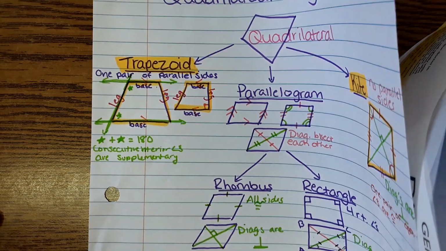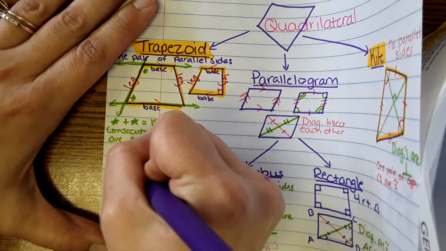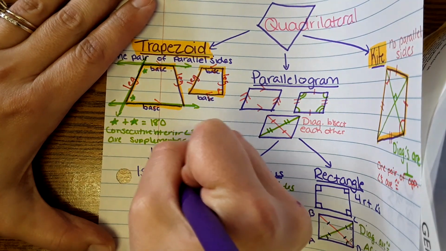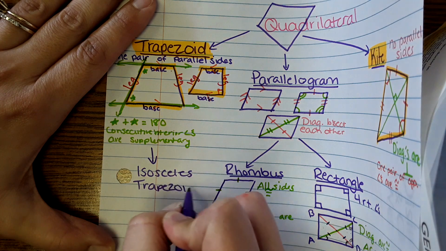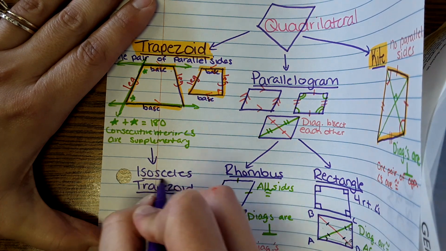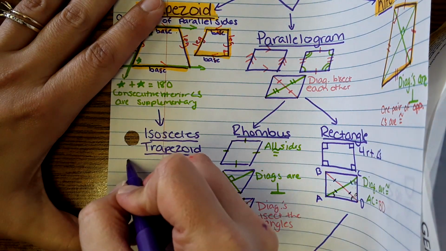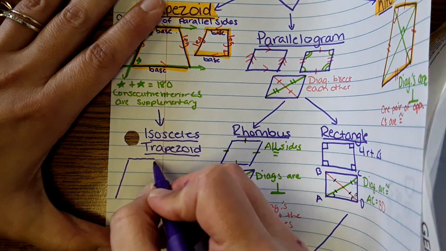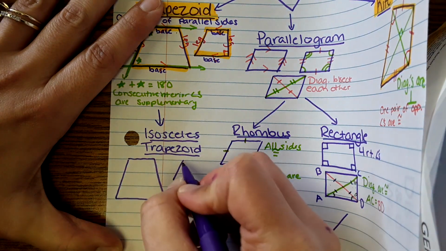Okay. Then trapezoid had a baby, and this is called isosceles trapezoid. I'm going to draw two trapezoids here. Got one right there, and then we'll draw a smaller one right here.